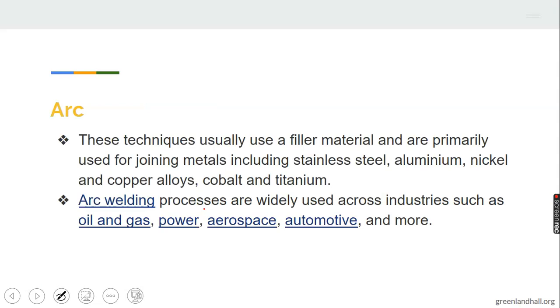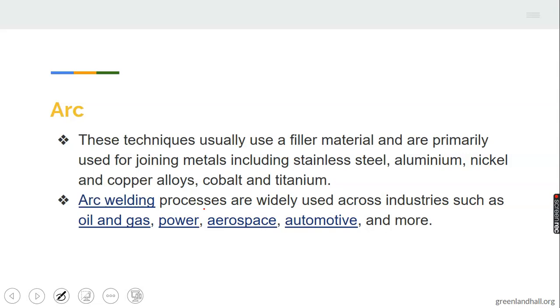Next, welding methods. The first here is arc welding. This technique makes use of filler materials, and it is used for joining metals like stainless steel, aluminum, nickel, and copper alloys, cobalt, and titanium. The arc welding process is widely used across industries, like oil and gas.